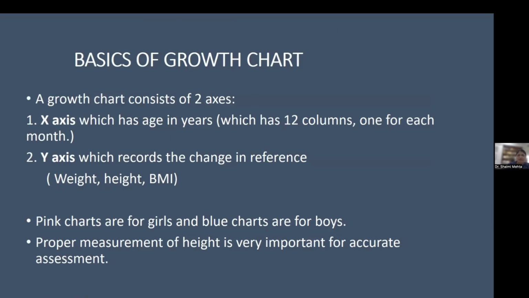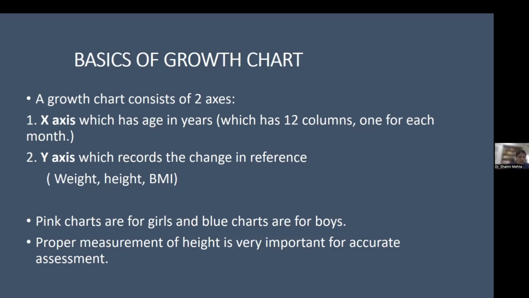So what are the basics of growth charts? There are 2 axes. The bottom one is the x-axis, which is age in years, or it can be age in months if you're using the younger growth charts. And the y-axis will record the change in whatever reference that we're looking at, whether it's the height, the weight, or the body mass index. So it is very important that we are getting the height measurement correctly.